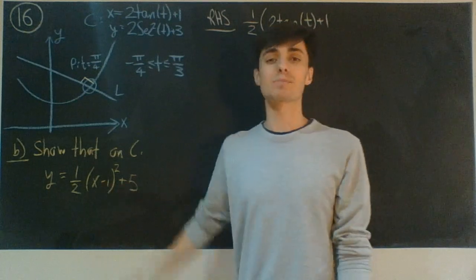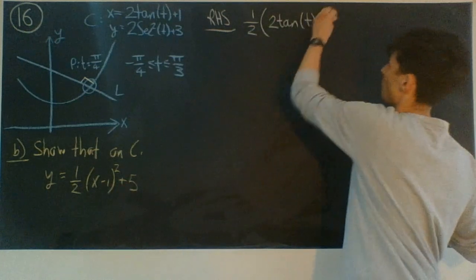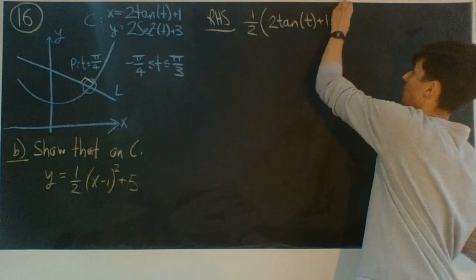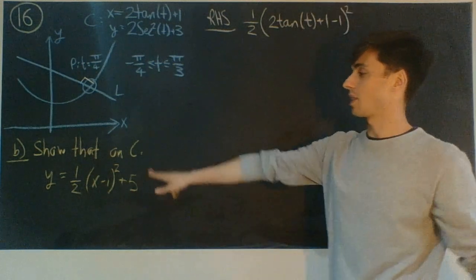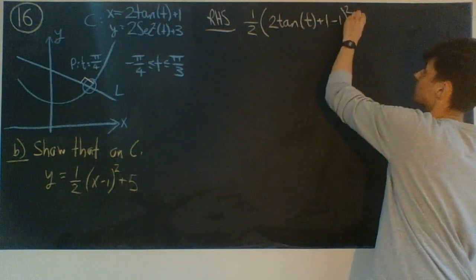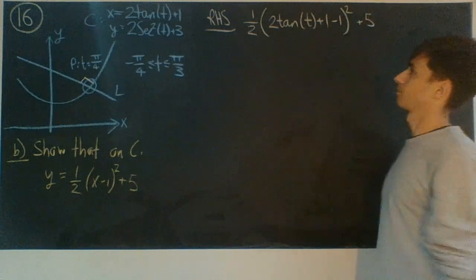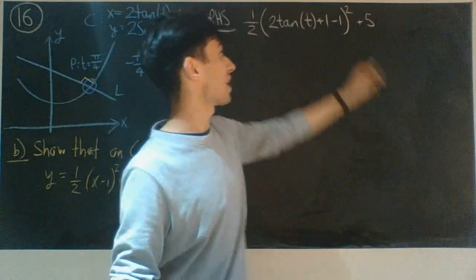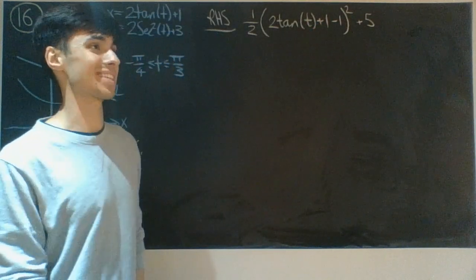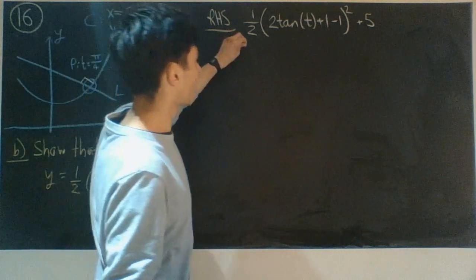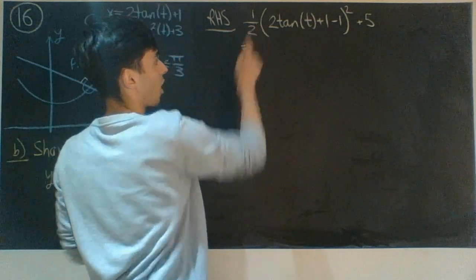But we need to do x minus 1. So we've got a minus 1 here, and we're squaring this, and then we add 5. So luckily for us, that plus 1 and minus 1 are going to cancel out really nicely.